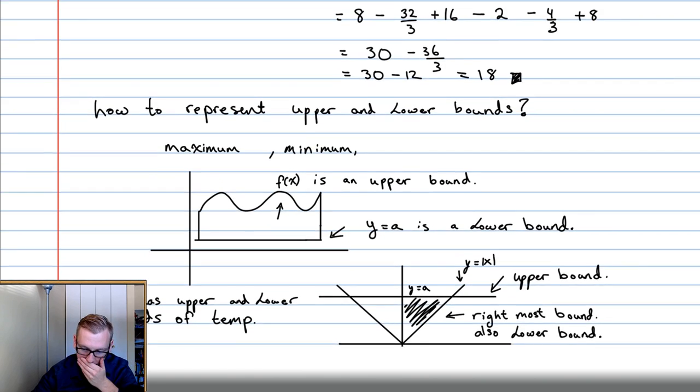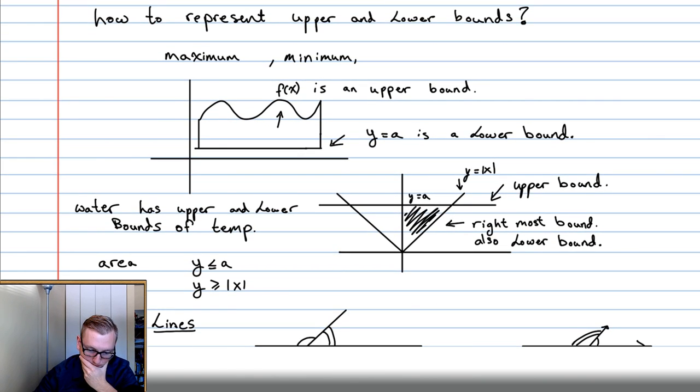look a little bit at these upper bounds and lower bounds. We said it was a maximum and a minimum. Let's think about upper and lower bounds.